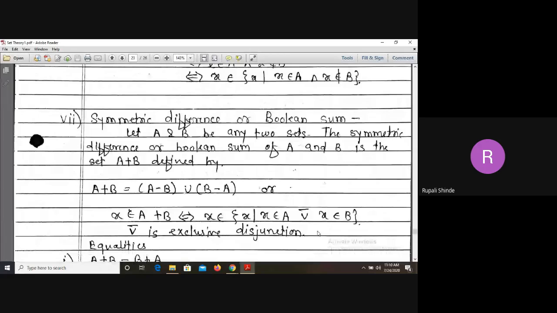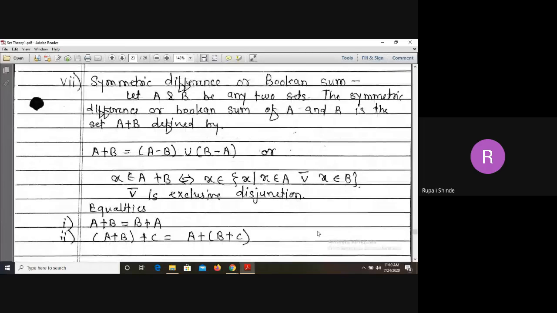So there are some equalities given, like A plus B is equal to B plus A. So this is the commutative property. The second one is the associative property, that is (A plus B) plus C is equal to A plus (B plus C).